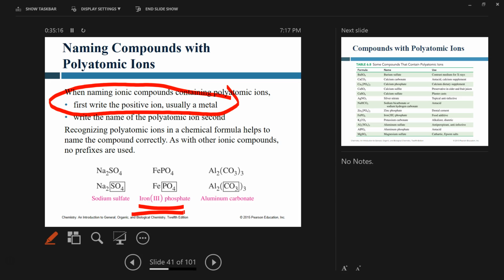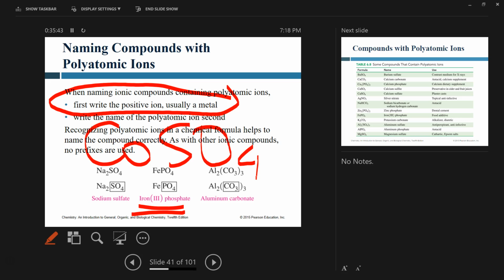So, for instance, name the compound like this. So, cobalt, right? I'm going to tell you, CO is cobalt, SO4 is sulfate. It's balanced, it's all perfect, no subscripts needed.